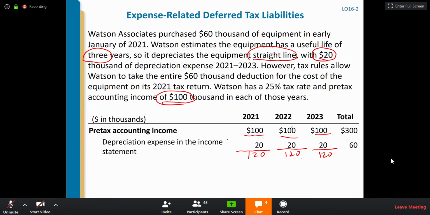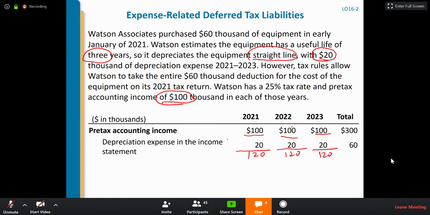Remember, that 120 will be exactly the same for accounting and for tax, because the depreciation is the only difference between accounting and taxes, which is assumed here. So this 120 is also taxable income before the depreciation.